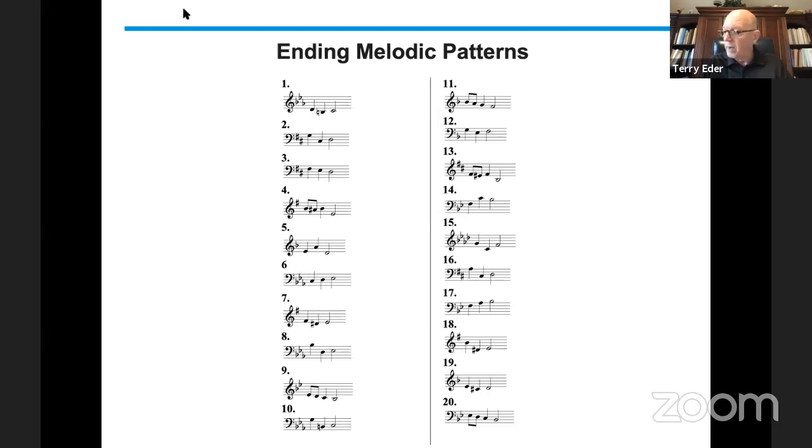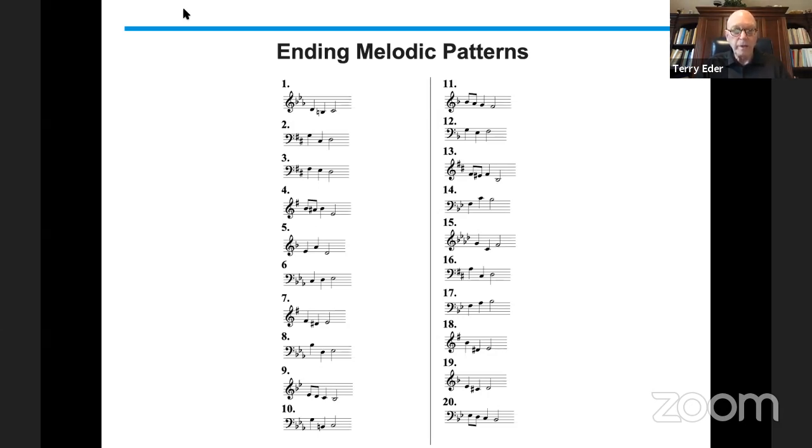Number 4, E minor. So, fi, so, do. Number 5, D minor, 1 flat. Re, so, do. Number 6 is E flat major, and it's in bass clef. La, ti, do. Number 7, E minor again.